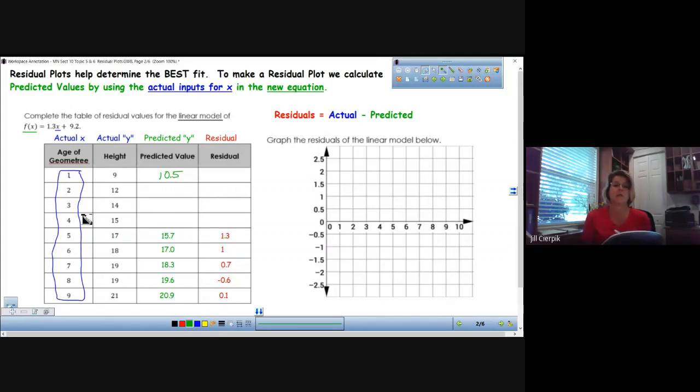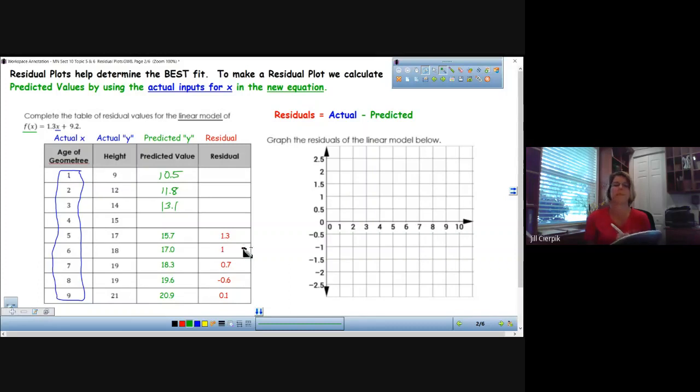Okay, and I'll do the same thing for 2 years, 3 years, and 4 years. If I plug 2 in place of x and multiply it and add 9.2, I will get 11.8. If I plug 3 in place of x and calculate it, multiply and add, I'll get 13.1, I think.